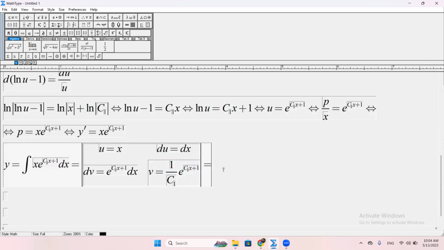So 1 over c1 x by exponent minus integral 1 over c1 e in power of c1x plus 1 dx.